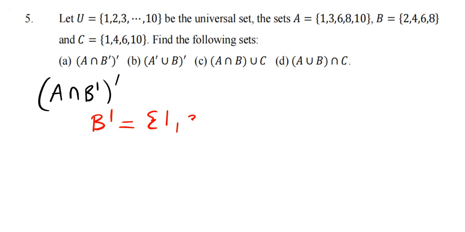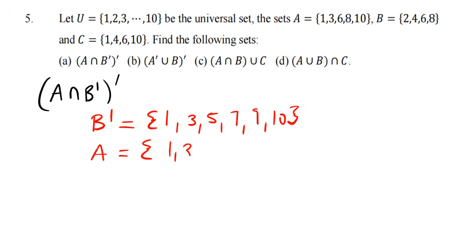We're going to have a 3, a 5, a 7, a 9 and a 10 itself. That is B complement. Now we're trying to find the intersection between A and B complement. A, which we have been given, is 1, 3, 6, 8, 10.